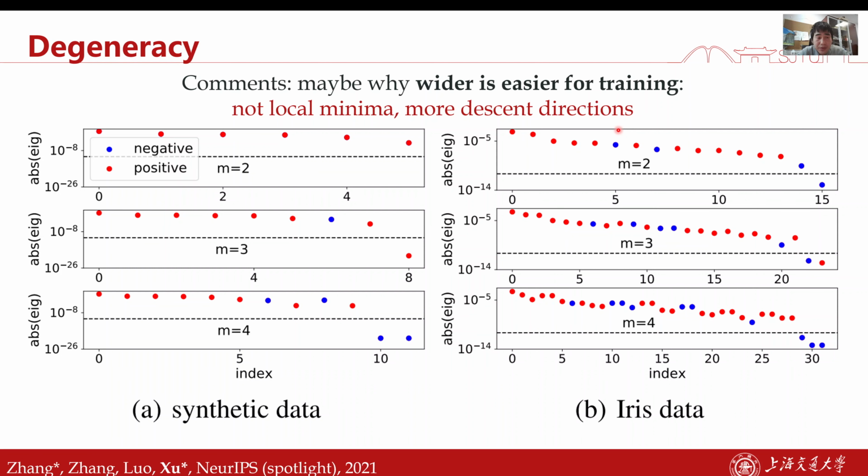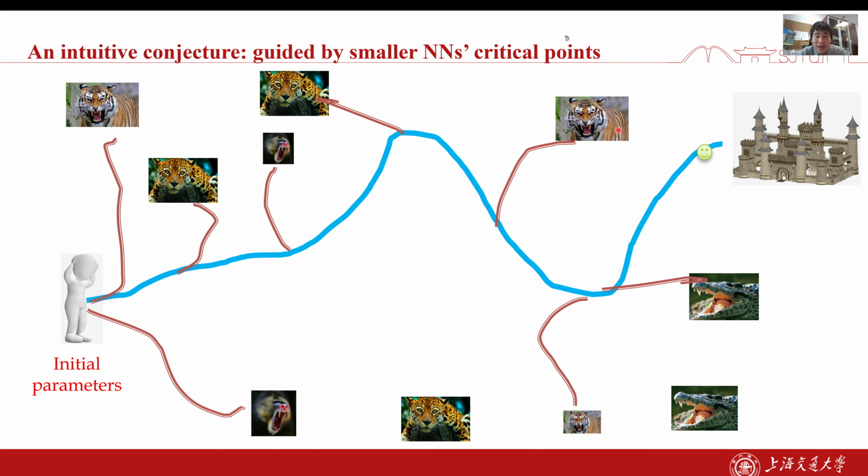So we will use a cartoon to understand this intuitively. We have these initial parameters, and we want to finally achieve this good global optimization point. This path is very rough, but don't worry. The one-neuron network's critical point will guide you to the first station.